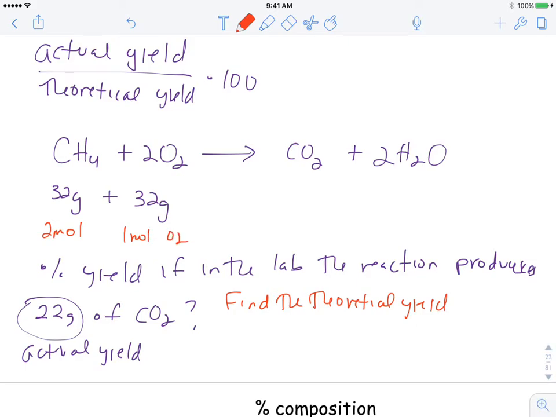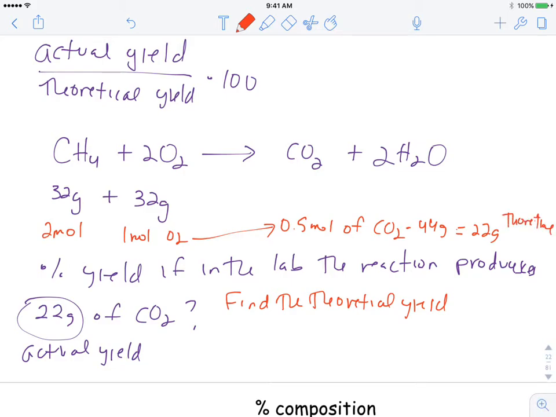And so when I look at this, if I have 2 moles of CH4, I'm going to make possibly 2 moles of CO2. If I have 1 mole of O2, I'm going to only make a half a mole of CO2. Now if I make half a mole of CO2 and I convert that to grams times 44 grams, then that would give me a 22 gram theoretical yield.